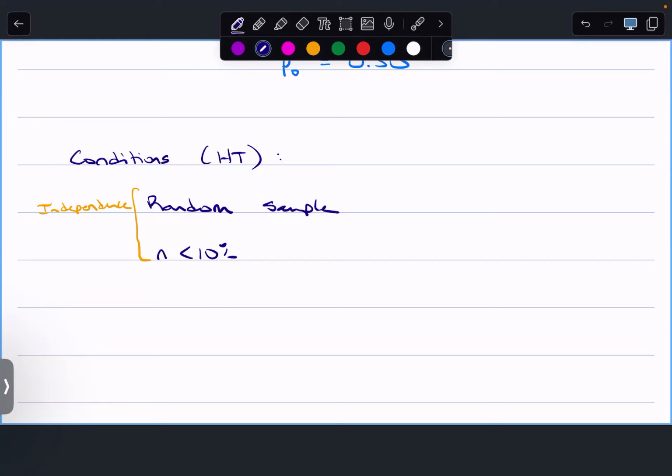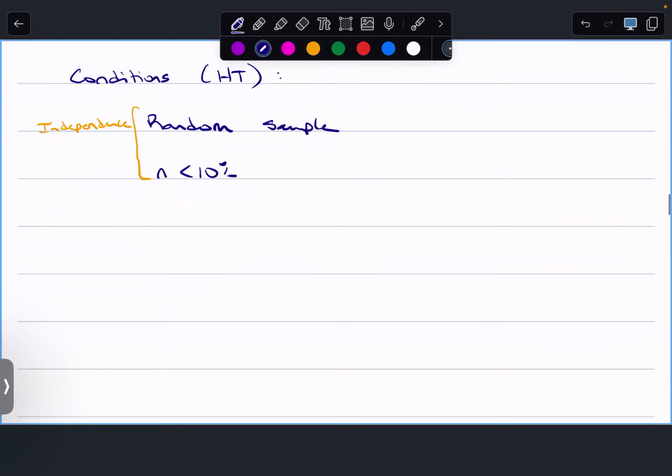Now, what's new for the normality condition is that, okay, normality for a hypothesis test is going to be n times p naught.